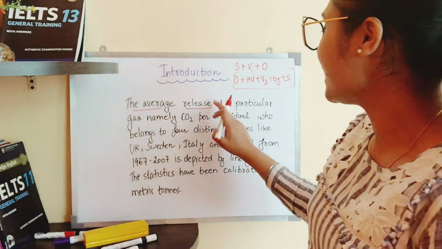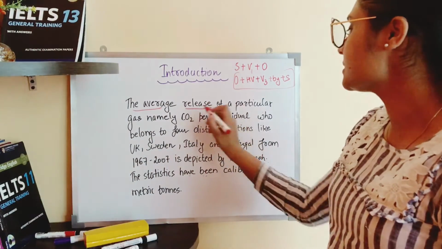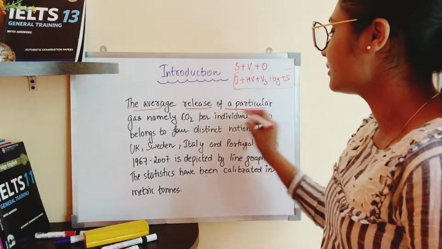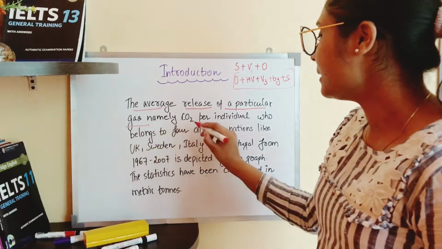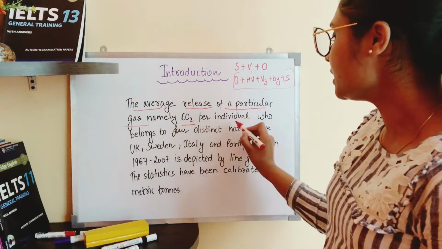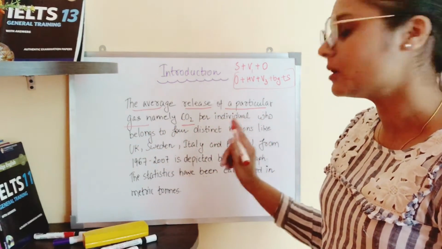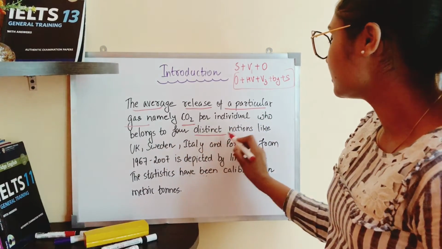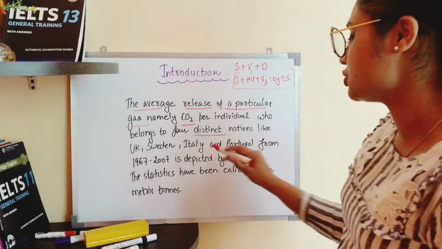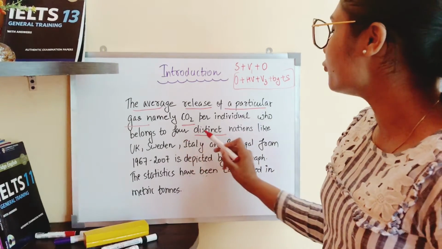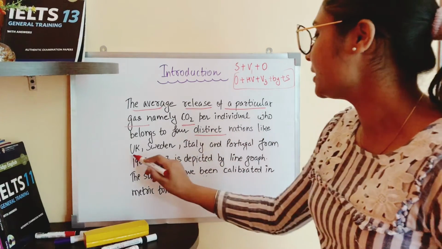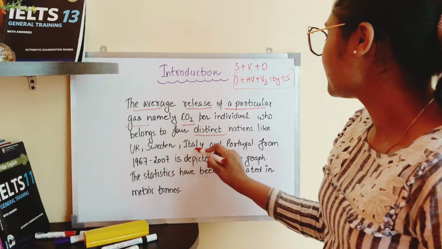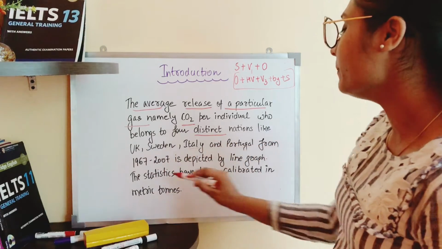I replaced the emission with release of a particular gas, namely carbon dioxide, per individual, because they have written per person, who belongs to 4 distinct nations, because they are 4 different nations. So that is why I wrote 4 distinct nations like UK, Sweden, Italy, Portugal.